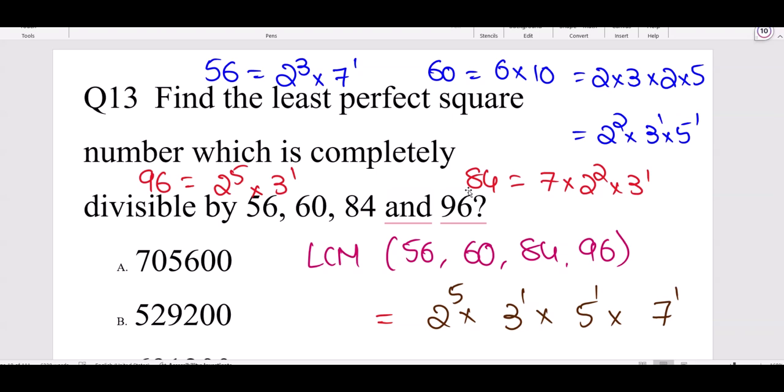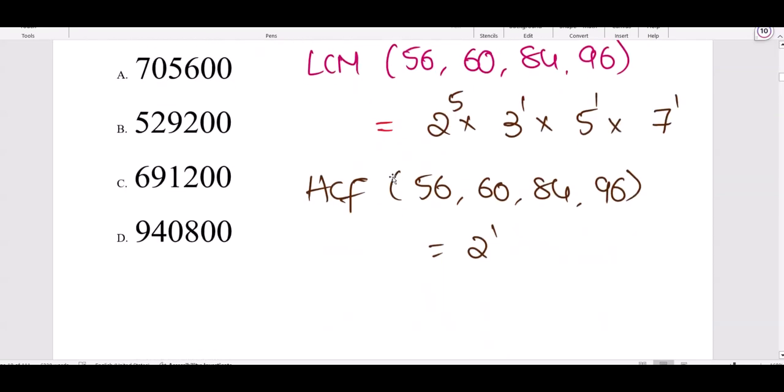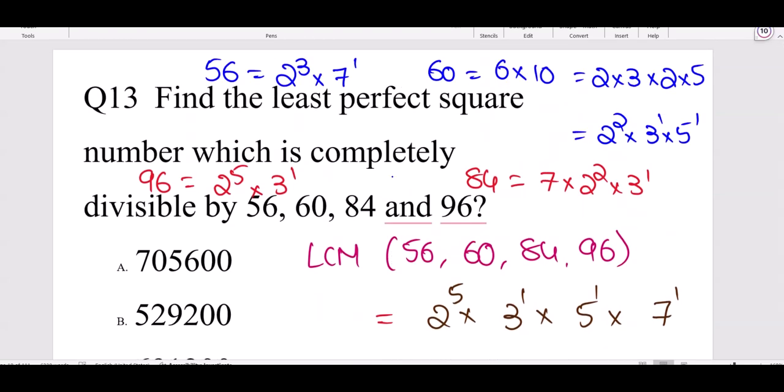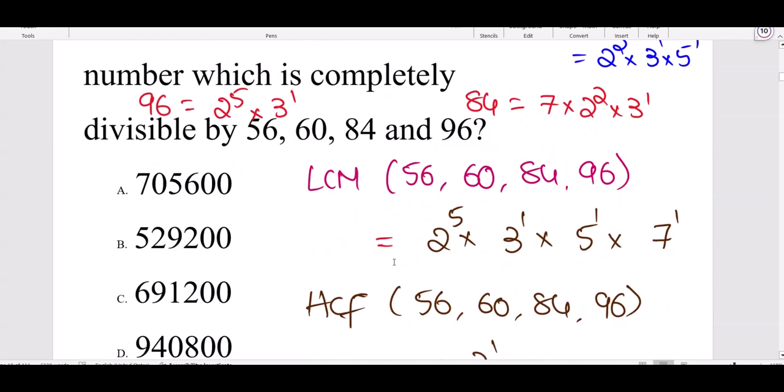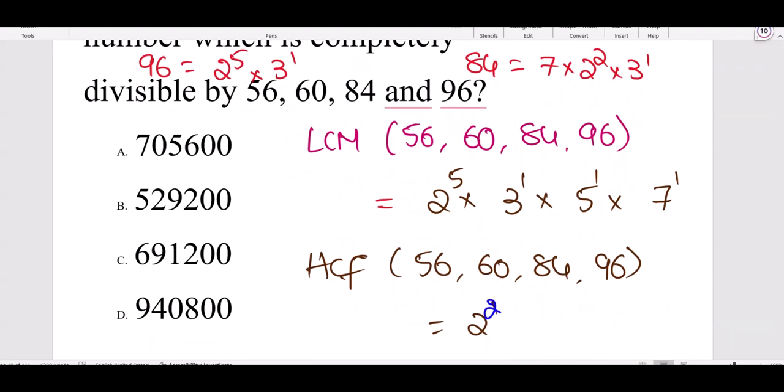I asked what are the common prime numbers in all. Only 2 is common, not 3. 3 is not available in 56. So 2 only, no 3. What is the least power of 2? Here 2 square, here 2 square, here 2 cube, here 2 power 5. What is the least power? 2 square. 4 is the HCF actually, not 6.